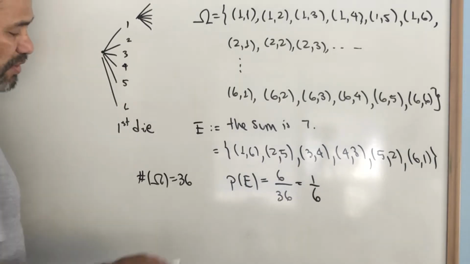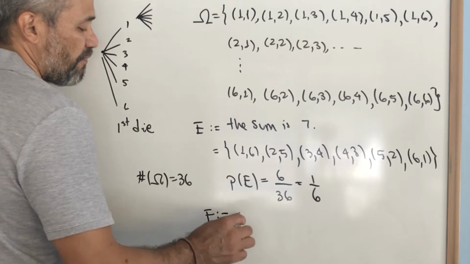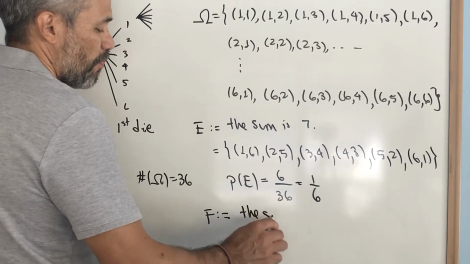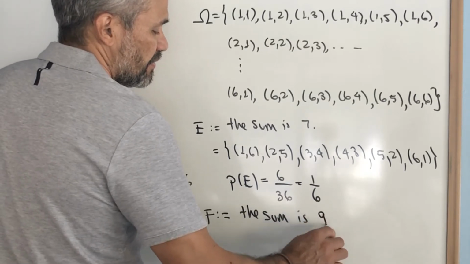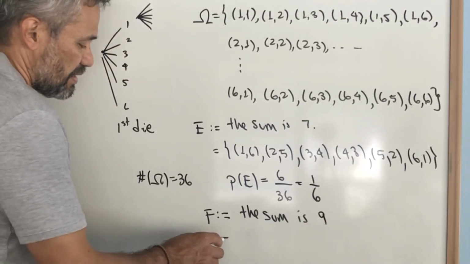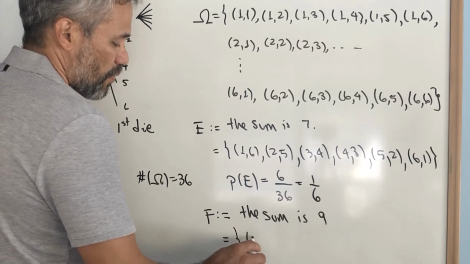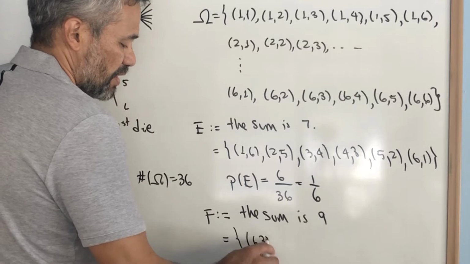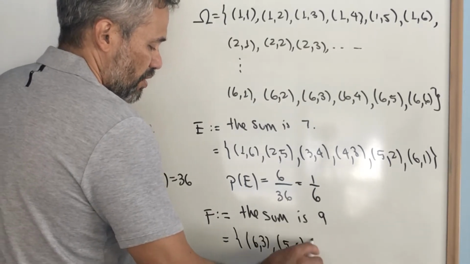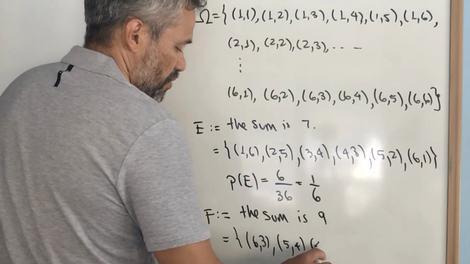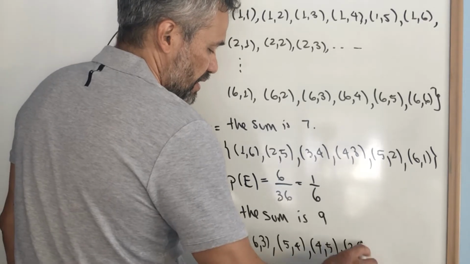Let's suppose that we consider the probability of having the sum equal to, let's say, 9. Let's see what is this event. We have 6 and 3, 5 and 4, 4 and 5, and 3 and 6.